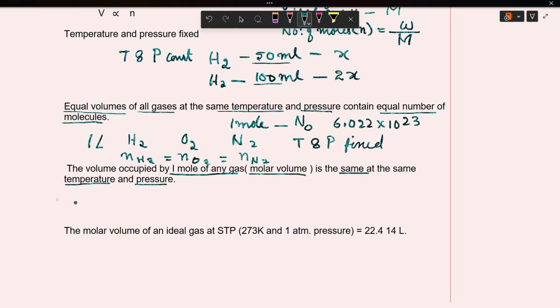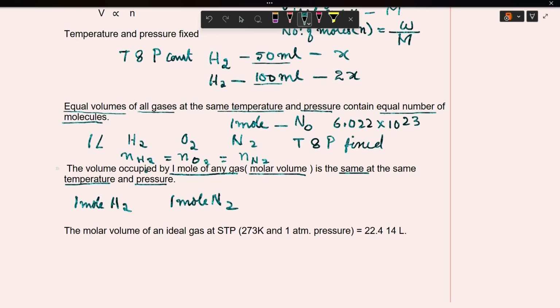That is, if I take 1 mole of hydrogen and 1 mole of nitrogen, whatever gases you can take, provided they are 1 mole, and they are all maintained at constant temperature and pressure, then if this hydrogen has N1 moles, suppose let it be N1 moles, then nitrogen will also have N1 moles.